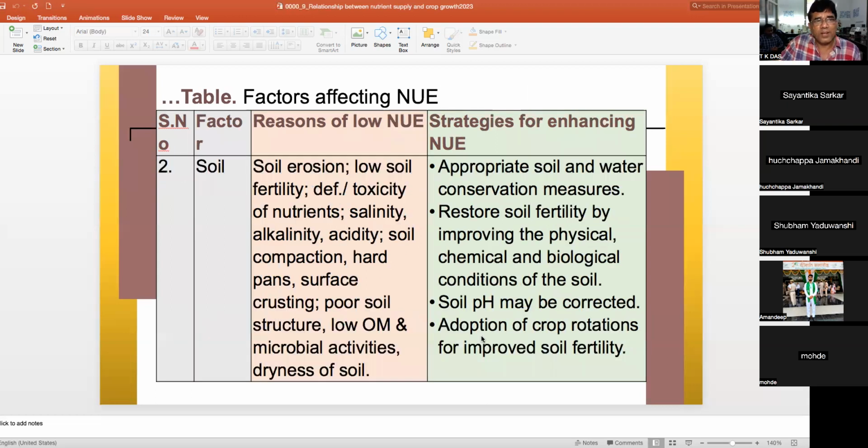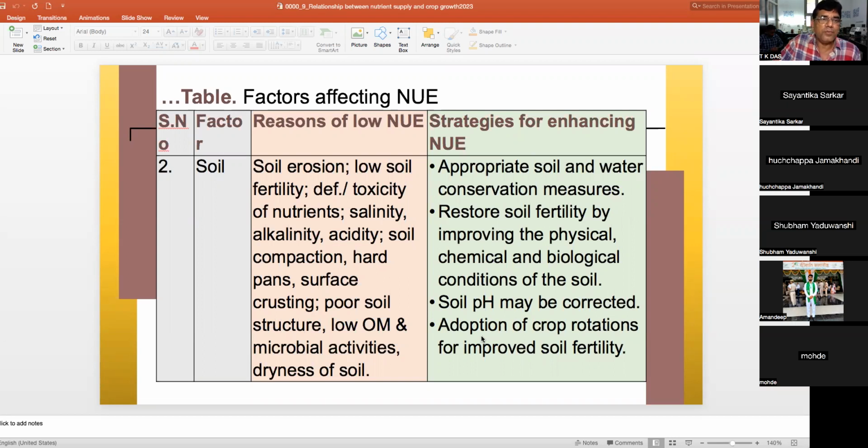The next is soil factors. What are soil factors? You already know: the chemical, physical, and biological properties. All these properties are actually factors. And you can add soil erosion to that. You can add soil pH, toxicity, alkalinity, soil compaction, all kinds of physical, chemical, or biological properties.